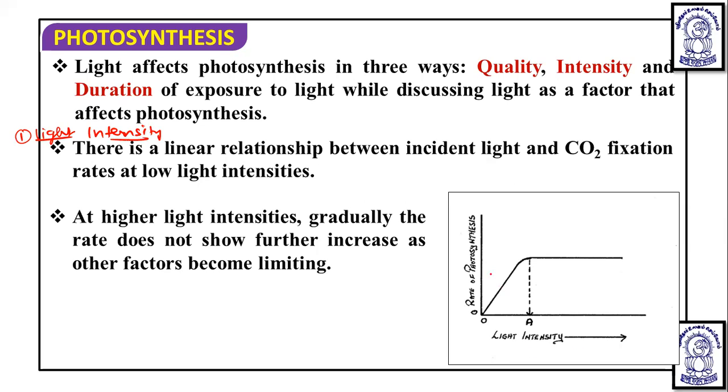So this is the light intensity, and this is the rate of photosynthesis. At low light intensity, you can see a linear relationship between the rate of photosynthesis or CO2 fixation and the light intensity. But after a certain point, at high light intensity, the rate does not show further increase because the light is increasing, but other factors become limiting.